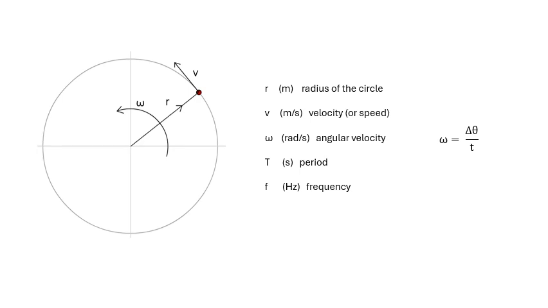We've also got the angular velocity, which is omega, and that's radians per second. The angular velocity is the angle which is swept out every second, so delta theta over time. Yeah, the angular velocity omega, very important. The period T and the frequency, which is in hertz, which is 1 over the period.